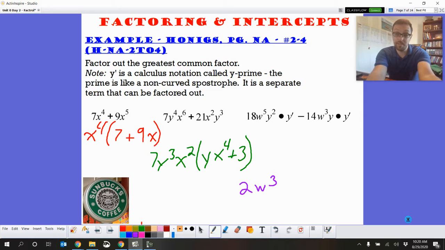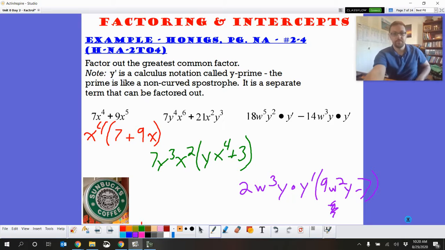With the y's, the smaller exponent is 1, and we do have that y prime. So we can factor it out. They both have a y prime, so we're going to take it from both of them. So we get 9w to the 5th divided by w cubed gets us w squared, and a y minus 7. W cubes go away, the y's go away. Yeah, so here it's just 7. So I can probably cram it up there. Done.